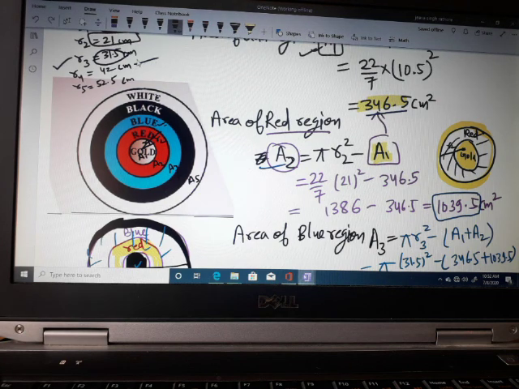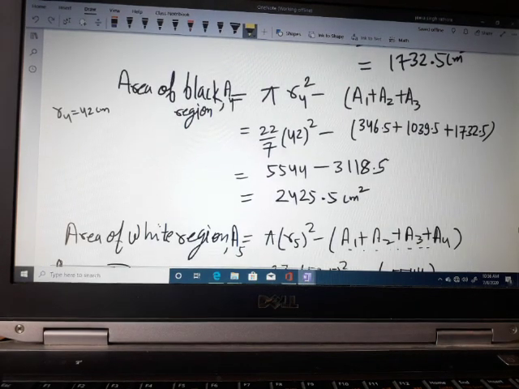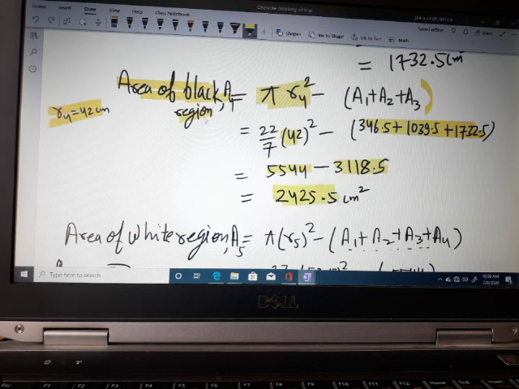Similarly, you can find the other regions R4 and R5, having radius 42 and 52/5 centimeter. Similarly, to find the area of region A4, the black region, it is pi R4 square, where the radius R4 is given as 42 centimeter. Put the pi value and subtract A1 plus A2 plus A3. You get the value, the final area of A4.